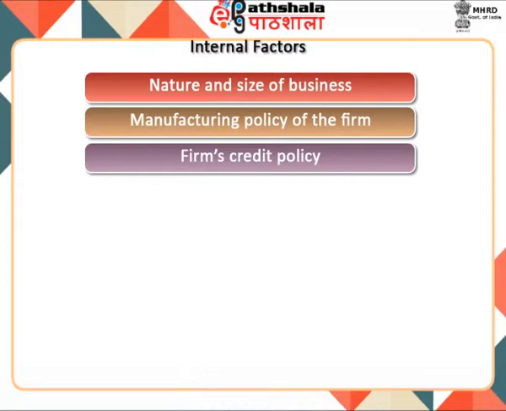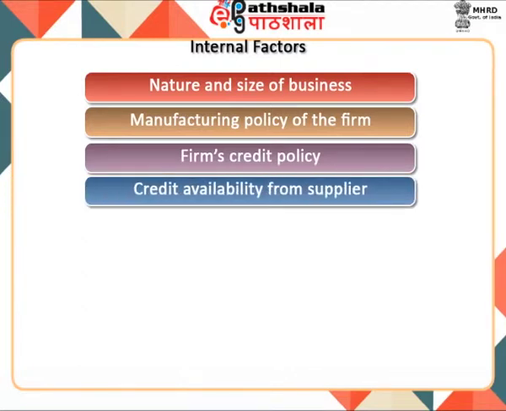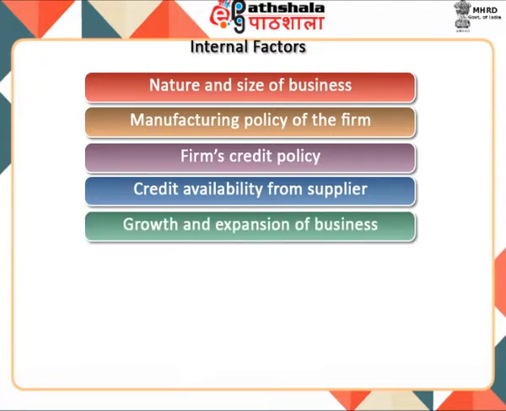And if less time is given, the requirement will also be less. Similarly, if credit available from suppliers is for a large time, then requirement of working capital will be less, and vice versa.